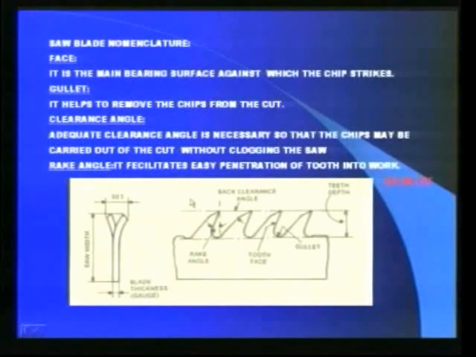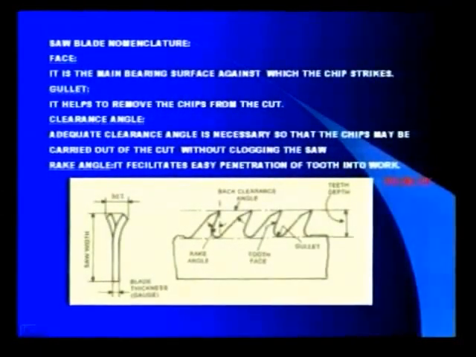The saws for metal cutting differ in overall form, but they all contain a series of cutting teeth and operate in same basic way. Saw teeth are designed to meet service requirements. The nomenclature of typical saw teeth are as shown in figure. It has a face. It is the main bearing surface against which the chip strikes. Gullet.